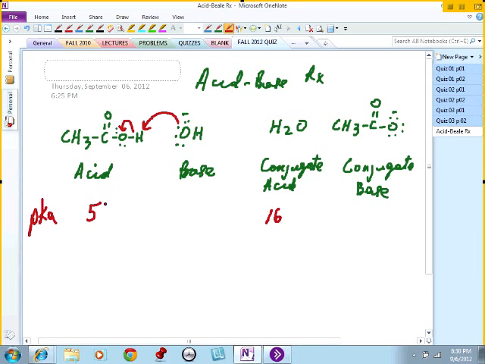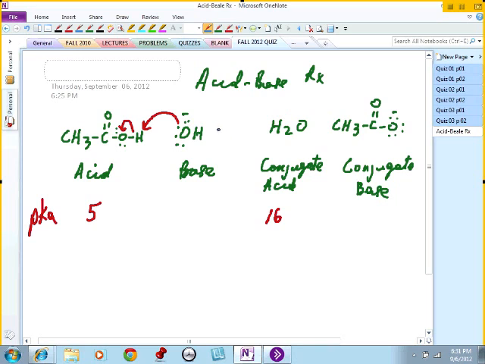So between acetic acid and water, which is the stronger acid? Acetic acid. So therefore, what direction do you expect this reaction to go? To the right, exactly.